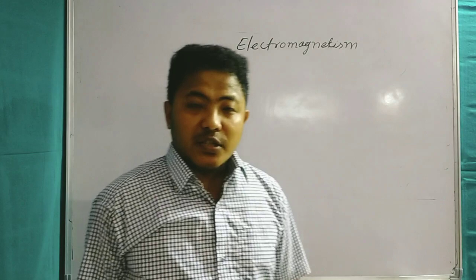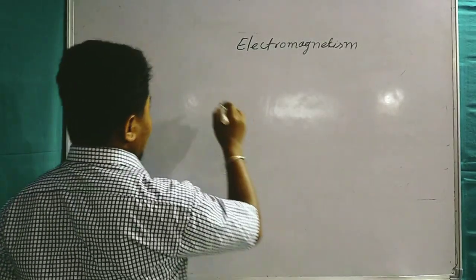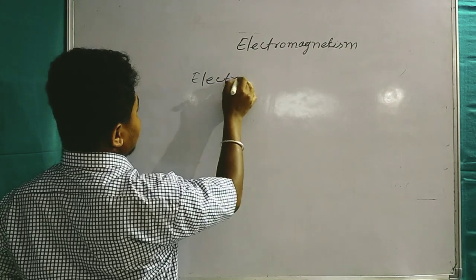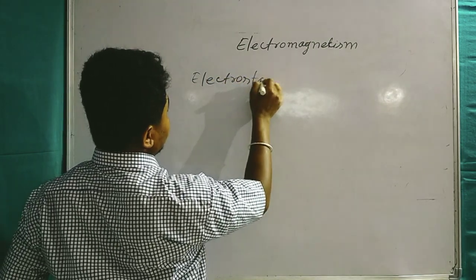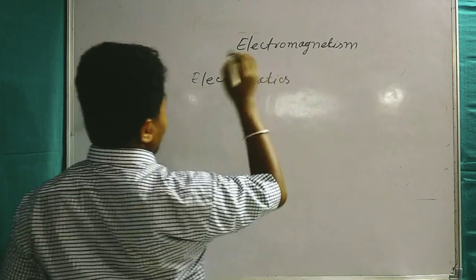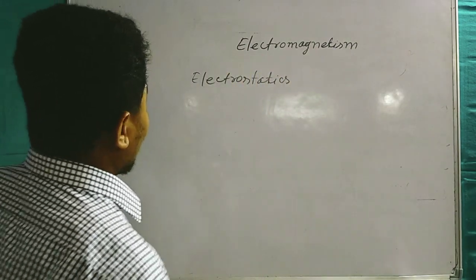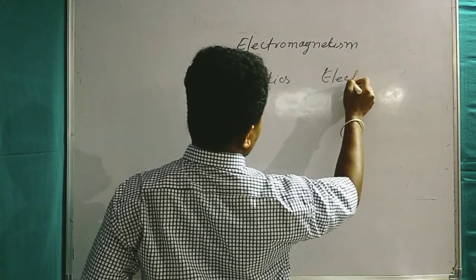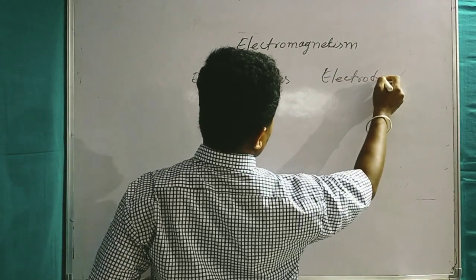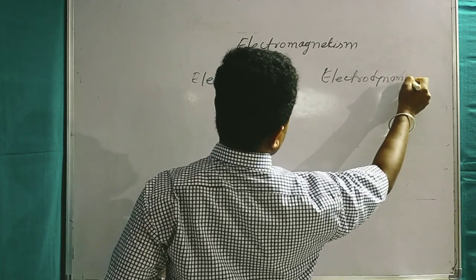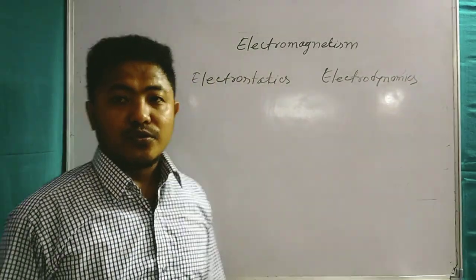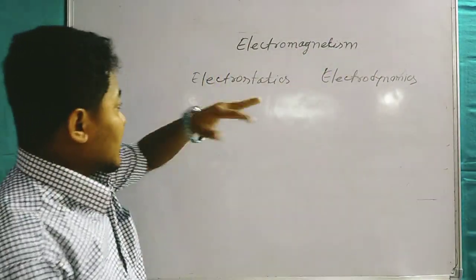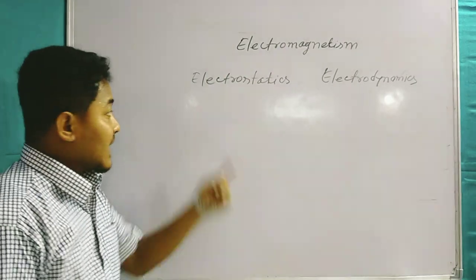This electromagnetism topic is further classified as electrostatics and electrodynamics. That means electromagnetism is classified as electrostatics and electrodynamics.